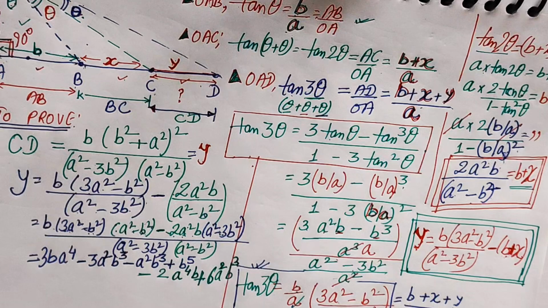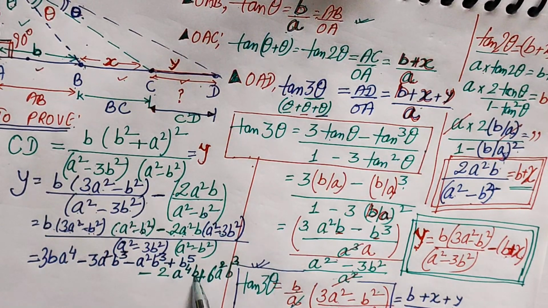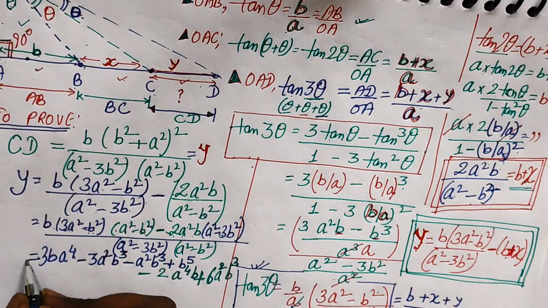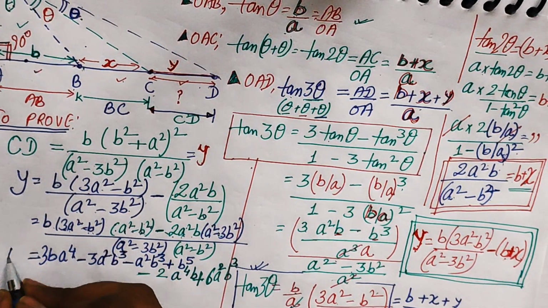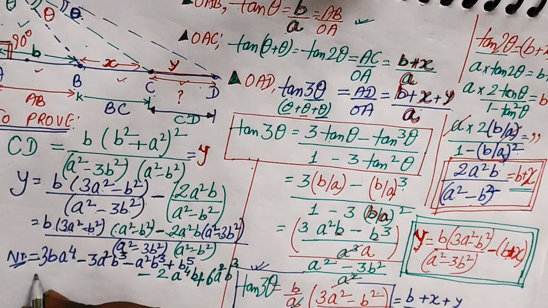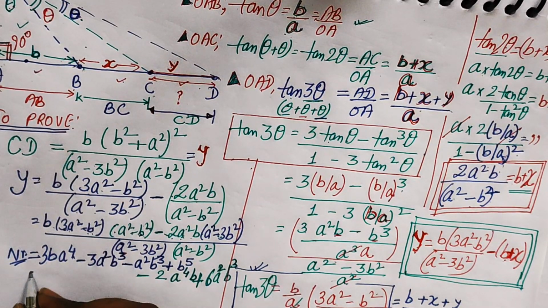So here you can see a power 4 b and a power 4 b are there. I'm not writing here the denominator, this is only the numerator of y, right? So this will be further simplified.